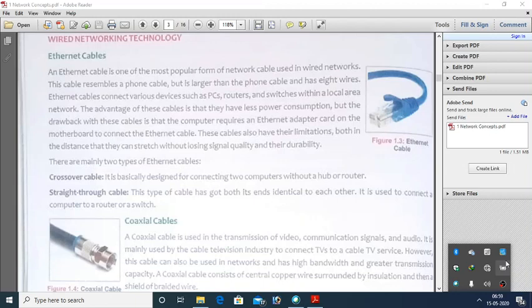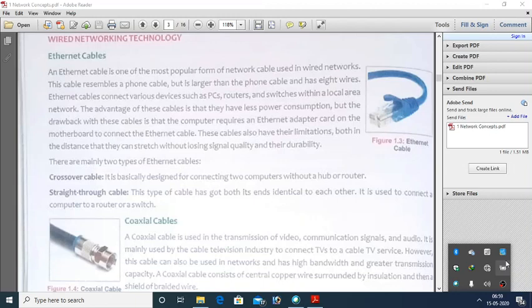connector. These cables also have their limitations, both in the distance they can stretch without losing signal quality and in their durability.